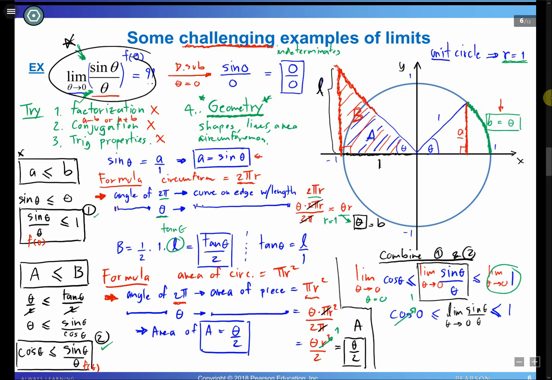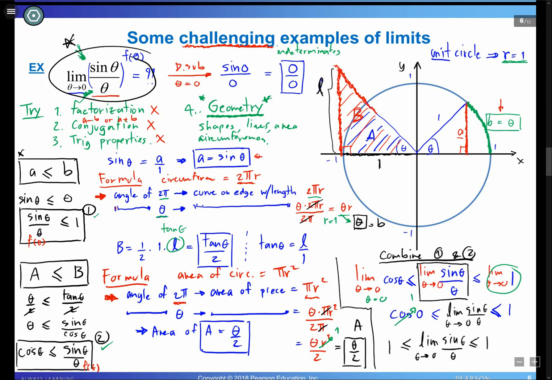So we got to the last line. From this, we know that limit of sine theta divided by theta when theta approaches 0 is less than or equal to 1, and also greater than or equal to 1.